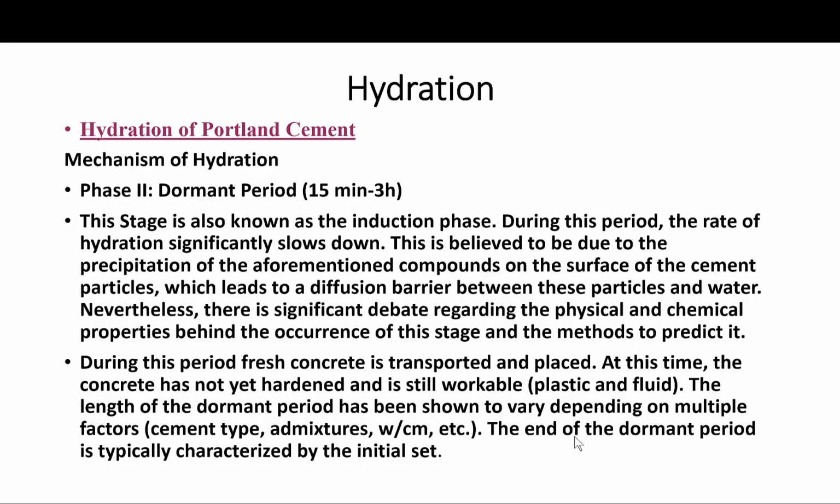If you remember, we said type 3, which is the early strength cement, for example, the cement type, admixtures, if there is an accelerating or retardant admixture, the water cement ratio, the presence of pozzolans, many factors. The end of the dormant period is typically characterized by the initial set. So that's one thing you need to remember.